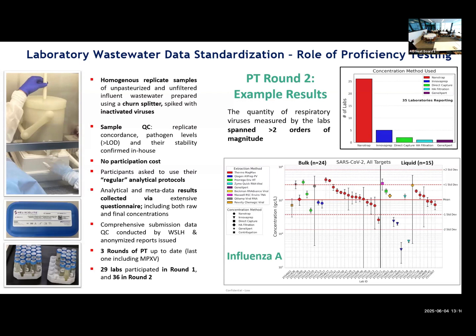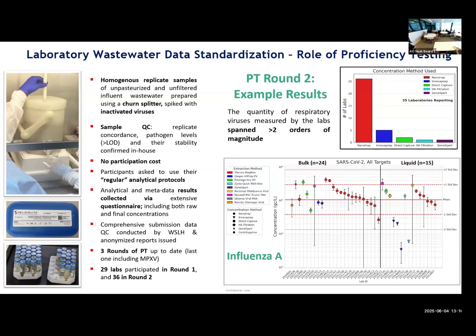At the end of this process, when all of us do the best we can in the lab, how do we know that what is the best for me is similar to what is the best for you in your jurisdiction? So this is where we thought in the Wisconsin COE that something akin to other clinical and other networks' proficiency testing programs would be important for wastewater.